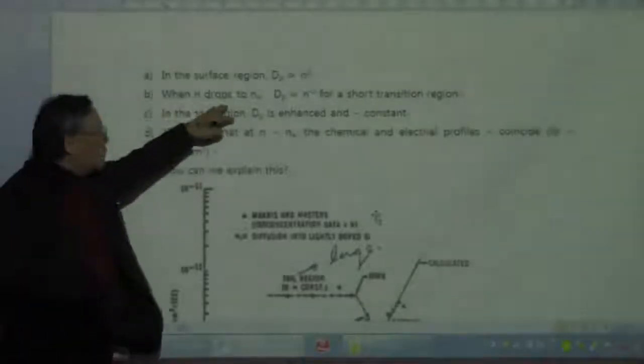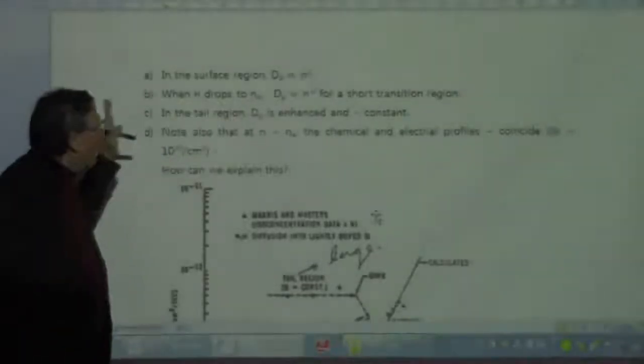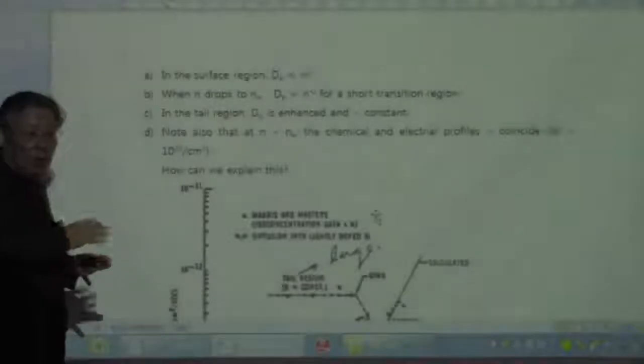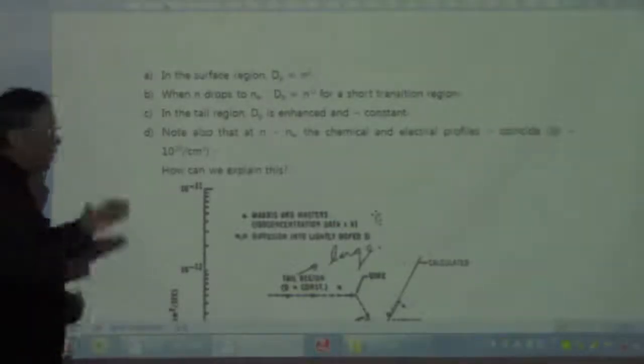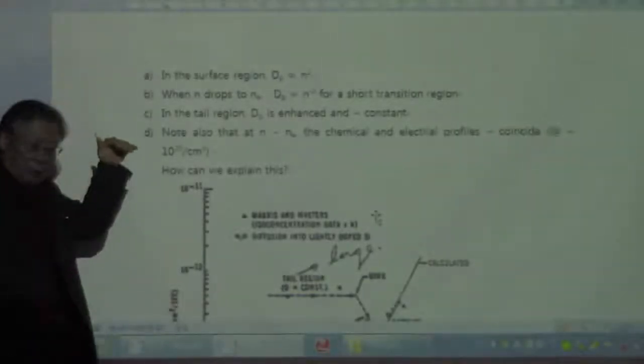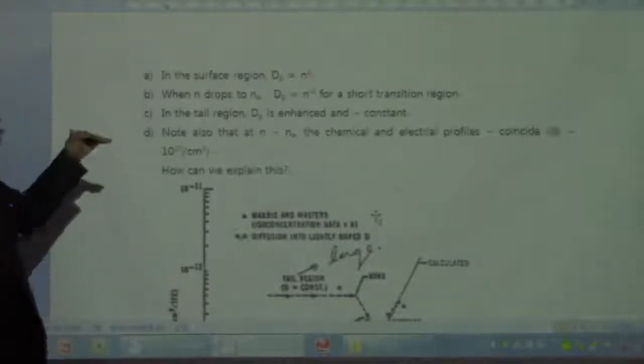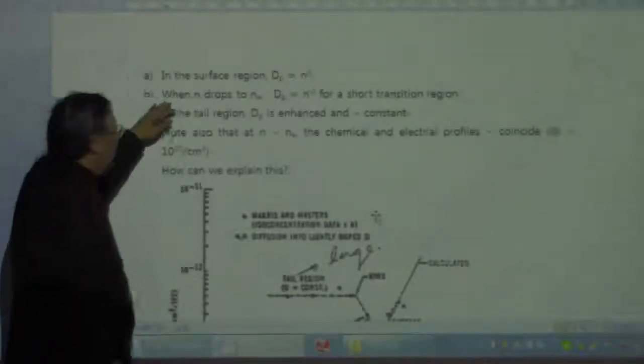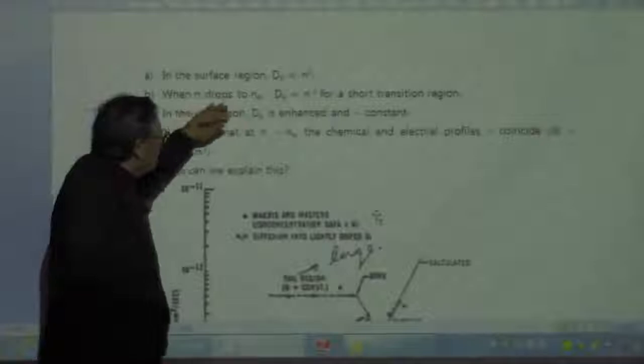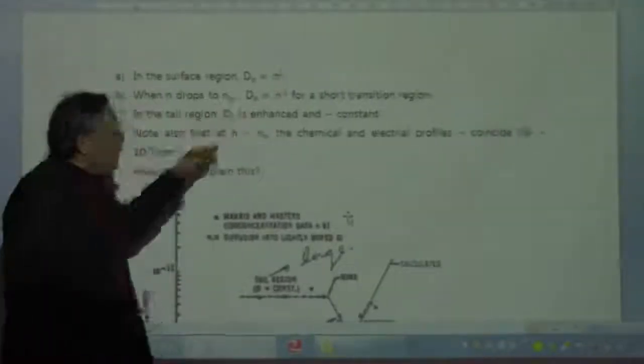When n decreases as you go away from the surface, naturally you're going to have a decrease in the concentration of the dopant, and then n drops to the value ne, which is the concentration of electrons.